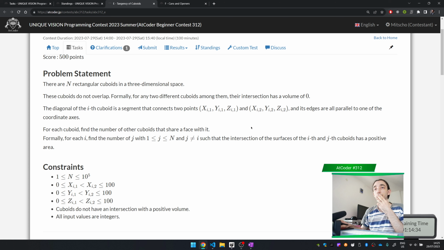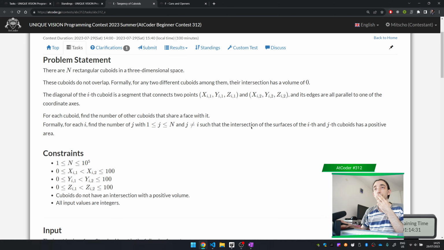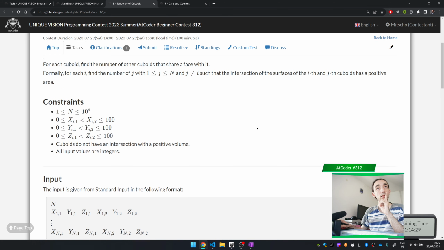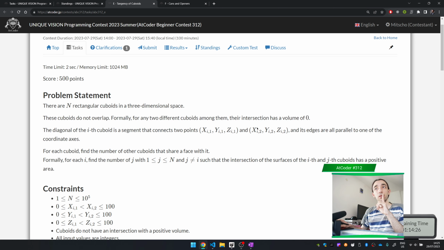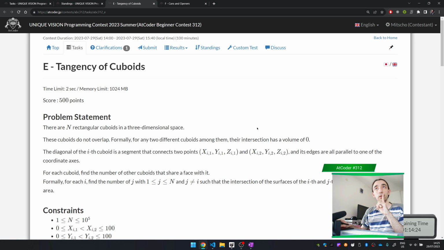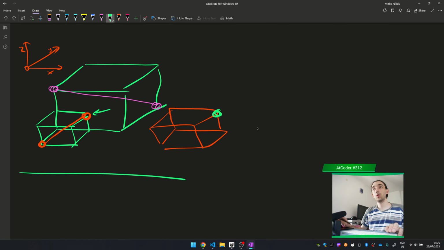What about if it's on the edge here? What about if this cuboid is on the edge here, and its diagonal looks something like this, right?